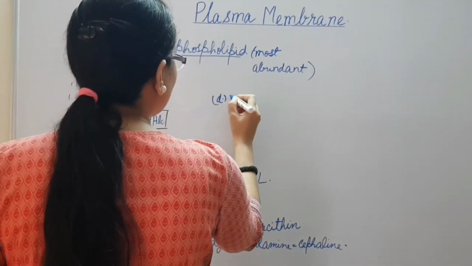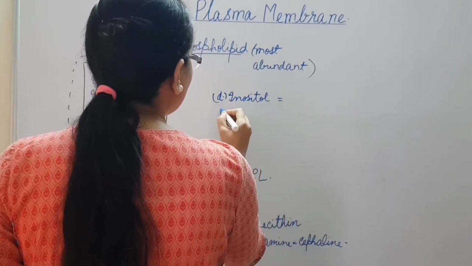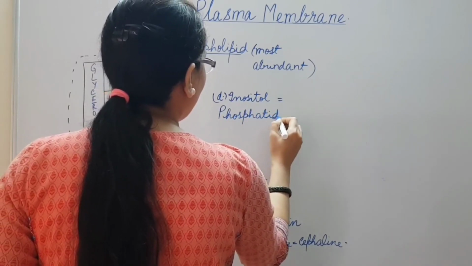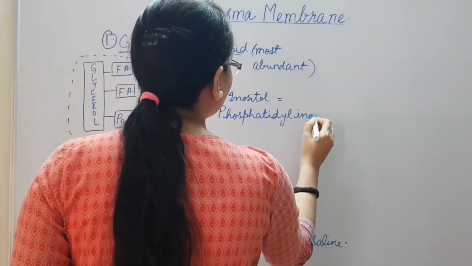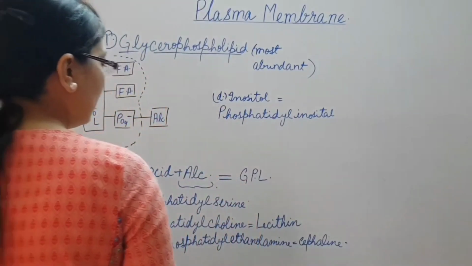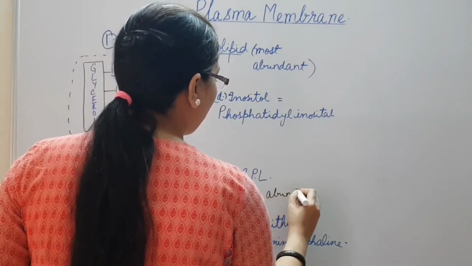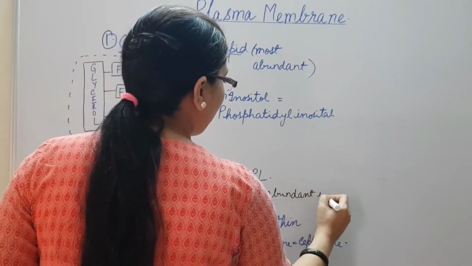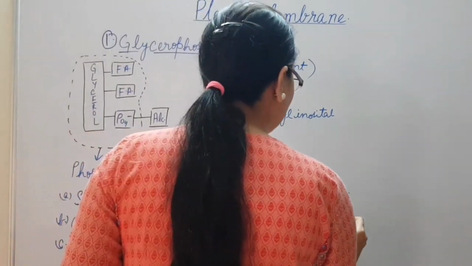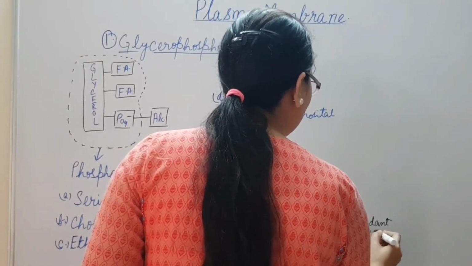If the alcoholic group attached is inositol, then it is known as phosphatidylinositol. This phosphatidylserine is most abundant in plasma membrane. Lecithin and cephalin are abundant in plasma membrane of animals.